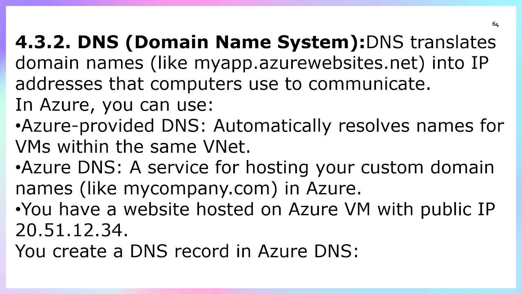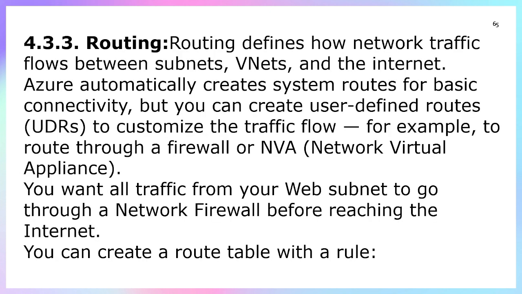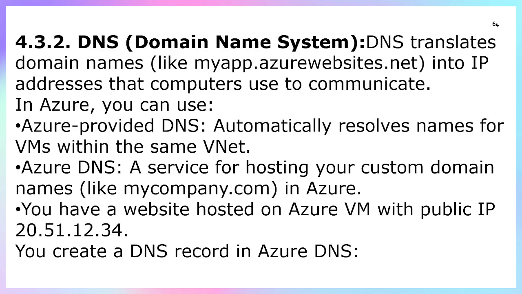So for that we create the DNS. You have a website hosted on the public IP 20.51.12.34. You can create a DNS record in your Azure DNS. Hope DNS is very clear to everyone, right?